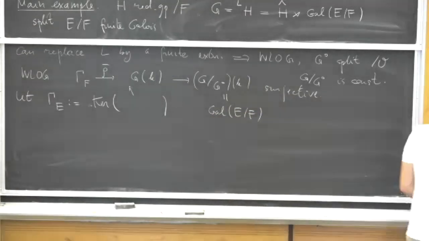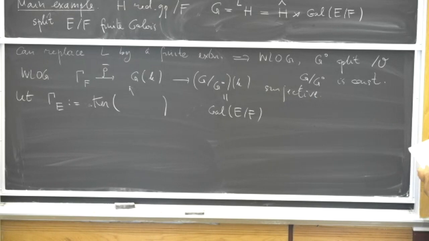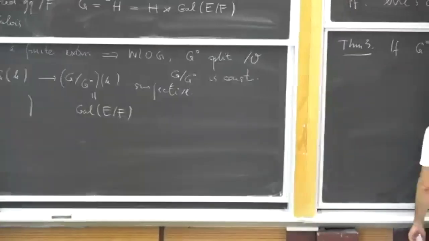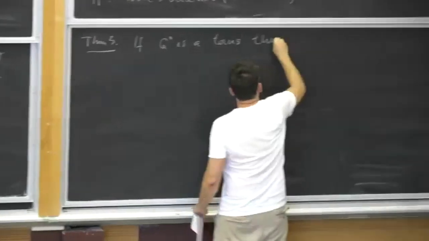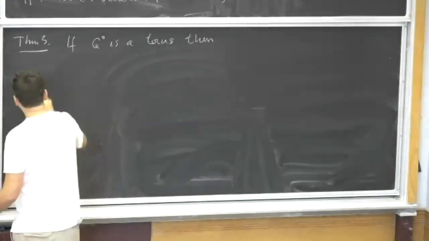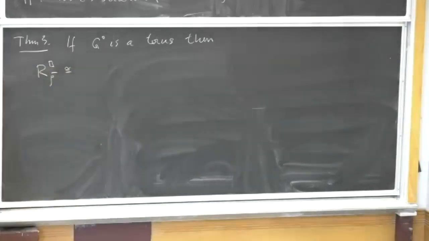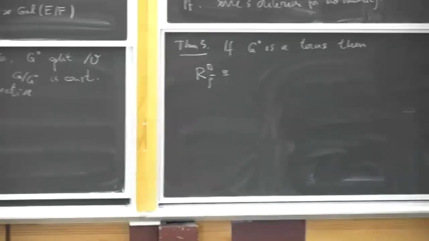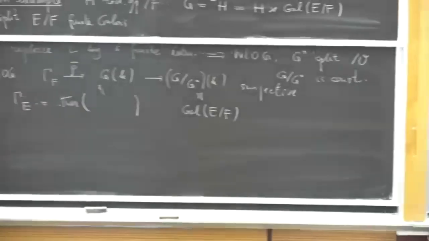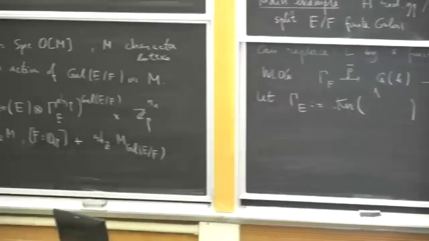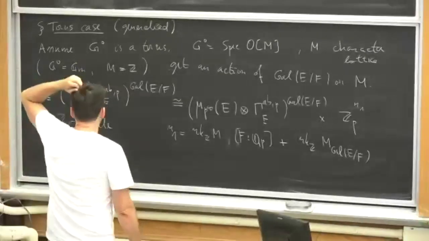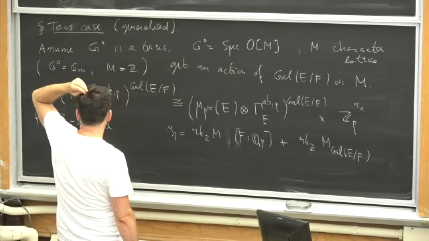Yeah. So doing the numbering, Theorem 3 says that if G0 is a torus, then the torsion part does not depend on M. Yes, you're right.